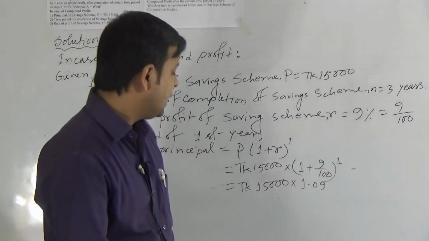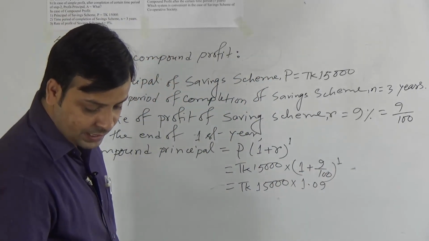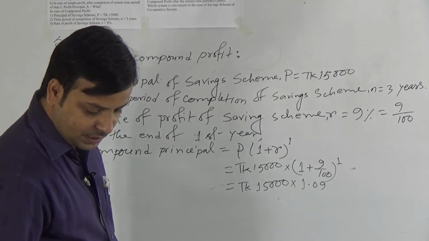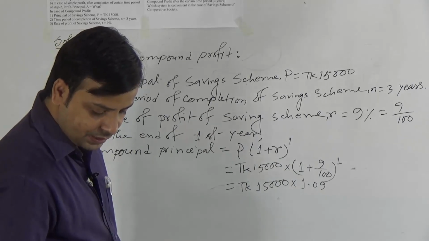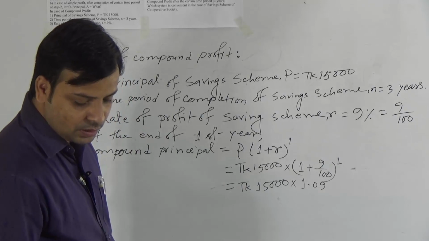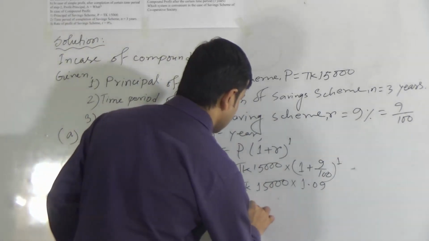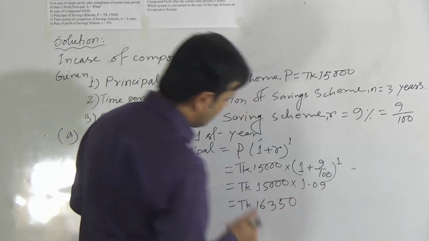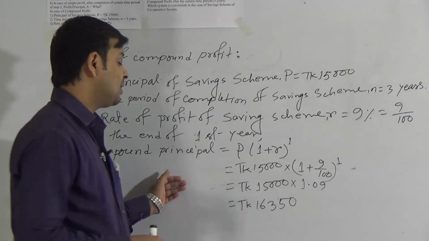So if we multiply 15,000 by 1.09, what will we get? 15,000 multiplied by 1.09. You will get taka 16,350. So this is our solution of the first question.